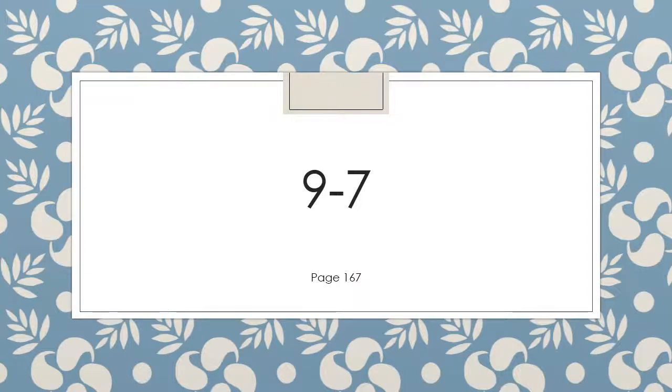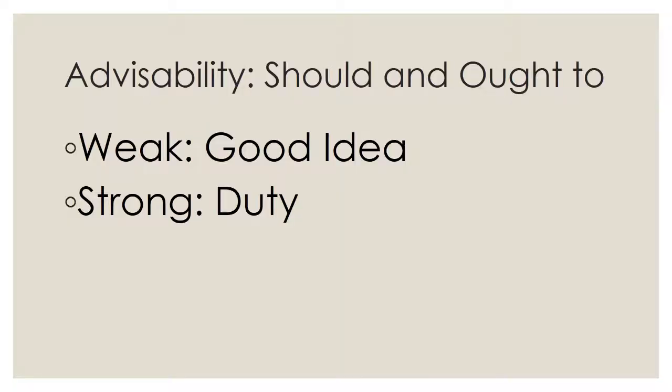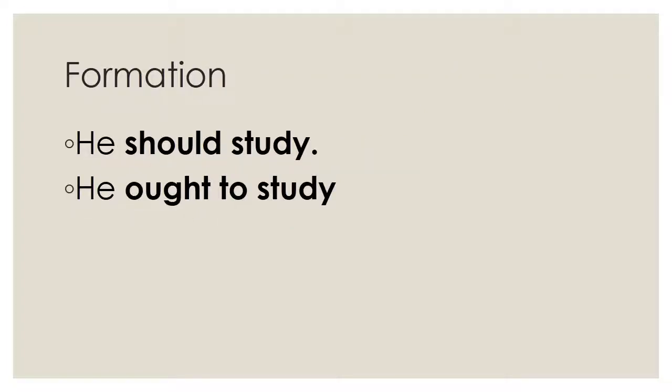Moving on, we're on 9.7, and I will be referencing the chart there, page 167. Advisability. Again, this means advice. Should and ought to. Basically, should and ought to are sort of a long continuum. At its weakest, it's a good idea. At its strongest, it's your duty. It's something that you need to or have to do to be a good person. So formation, again, we're not conjugating.